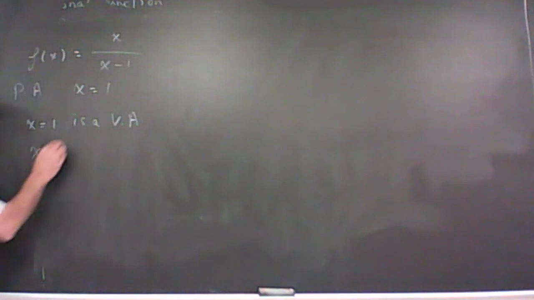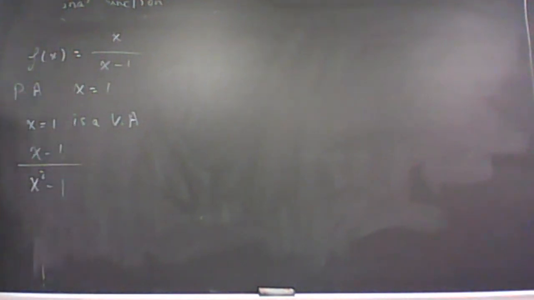Suppose we have x minus 1 over x squared minus 1. We just did this, right? What are the exceptions? 1 and negative 1, correct? Maybe both of them are asymptotes, maybe one of them, maybe none of them. Let's see. These are the only possible ones.